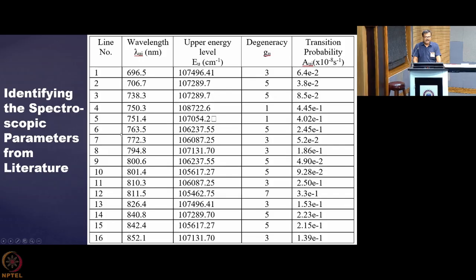So for the 763.5 nanometer transition, that wavelength corresponds to this upper energy level, this degeneracy, and this transition probability. Where do we get this from? We get it from the database that is already available in the literature for most atoms, if not all.